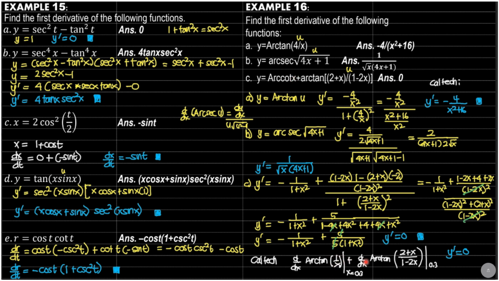Then plus derivative of quantity 2 plus x over 1 minus 2x. So combining at x equals 0.3, you will get 0. At x equals 0.2, it will also be 0. As long as you correctly type the derivative of this function. So that's it, because the video is very long.